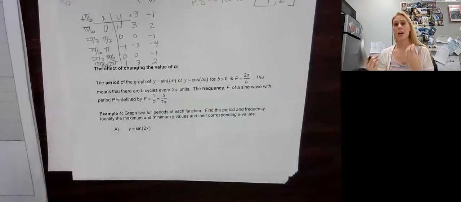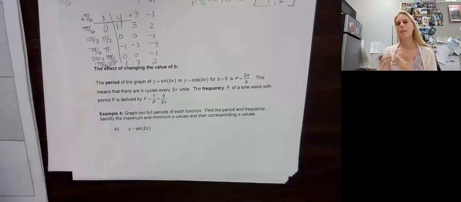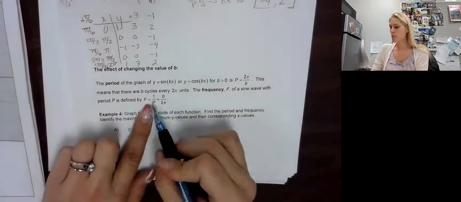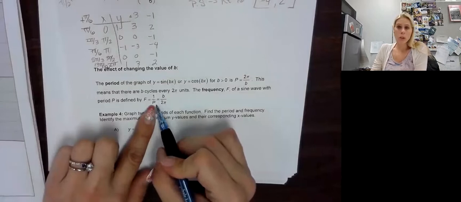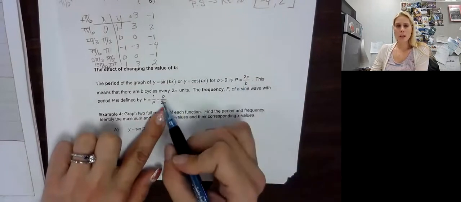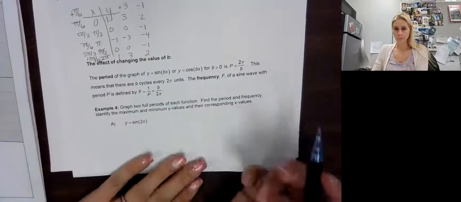It's saying how many cycles are happening every second. Now, does it always measure in seconds? No, but that's what we're going to keep it as. The great thing is that we can find the frequency by just saying 1 over p, which flips that 2 pi over b to b over 2 pi.